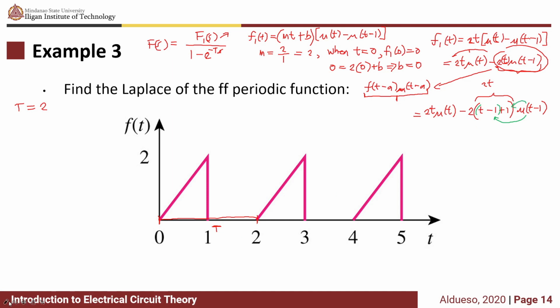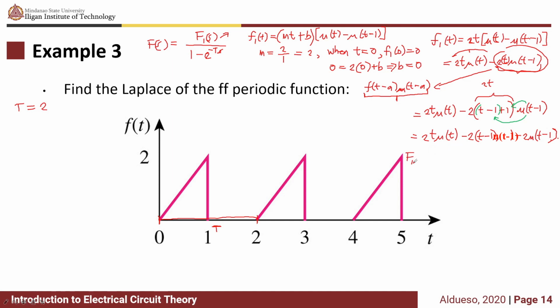So this becomes 2t u of t minus u of t minus 1, minus 2 u of t minus 1. Now we can get the Laplace transform of each term.